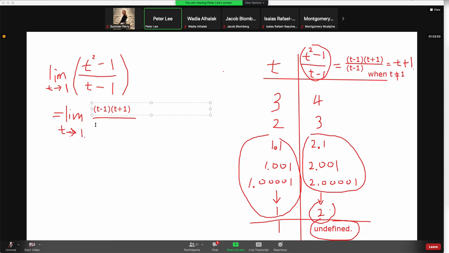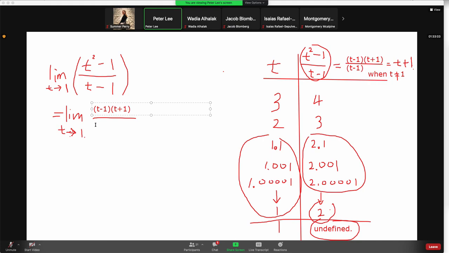So, if P of x, let P of x or f of x, it doesn't matter, be a polynomial.